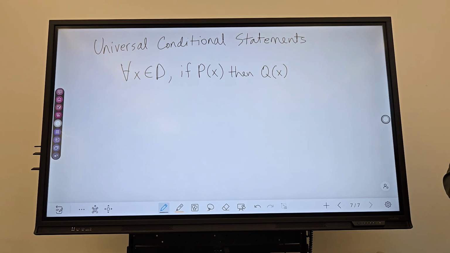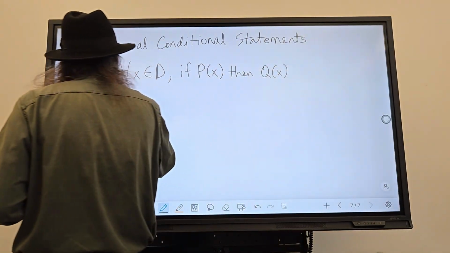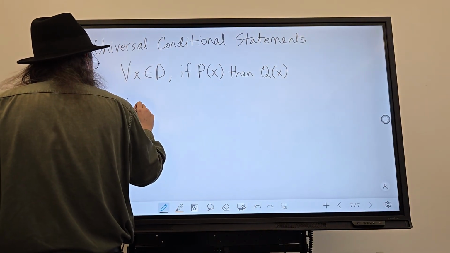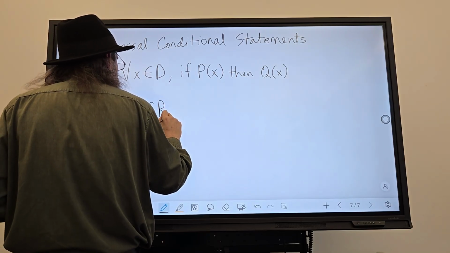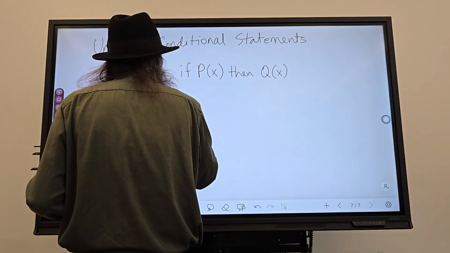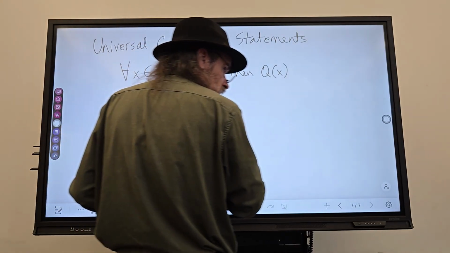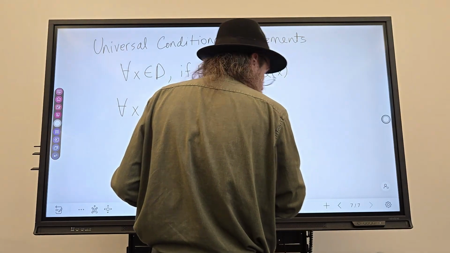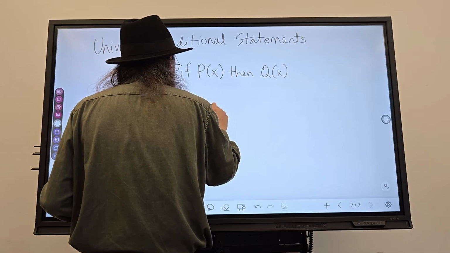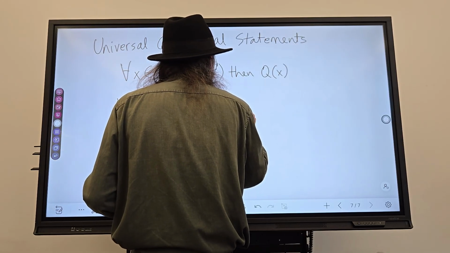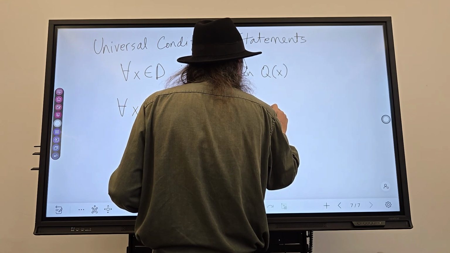Example here: for all x element of R, if x is greater than 2, then x squared is greater than 4.